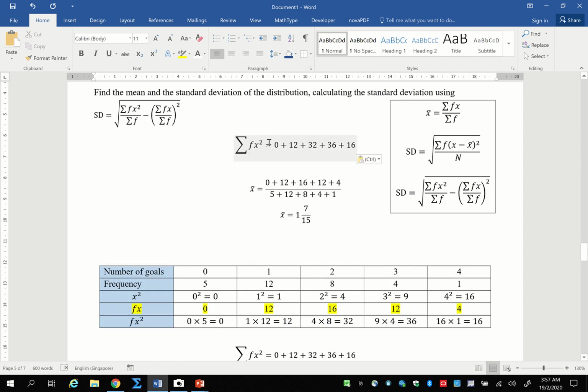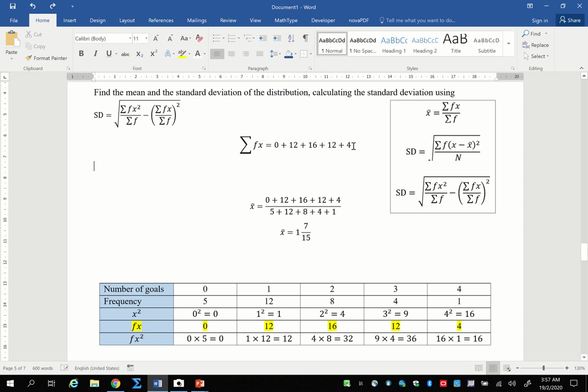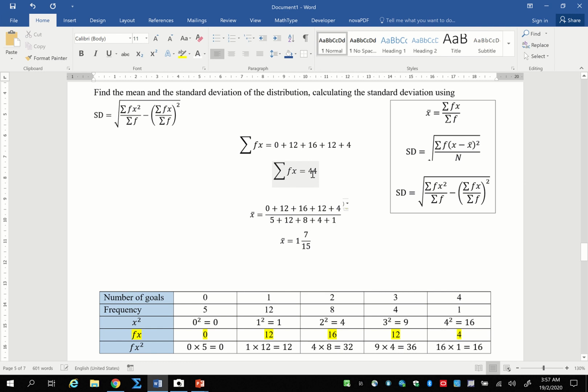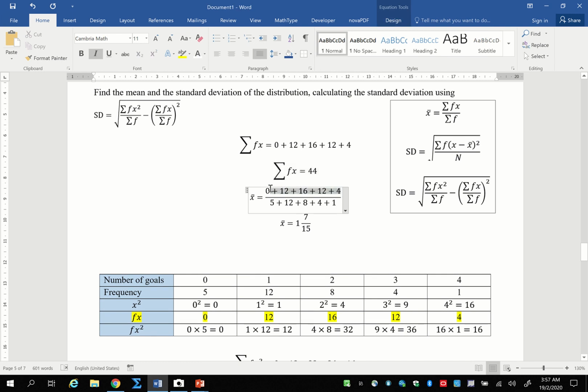So instead of having just x bar like that, we can put the sum of fx equals 0 plus 12 plus 16 plus 12 plus 4. Then 0 plus 12 is 12, plus 16 is 28, 40, 44. So this is 44. Then our x bar itself can simply be 44 divided by 30.